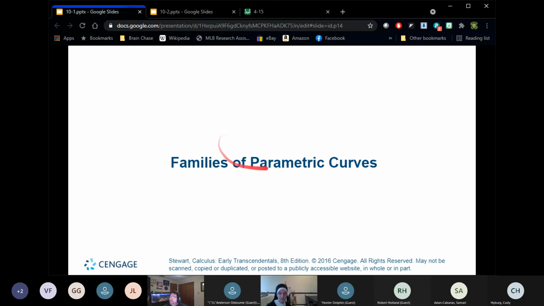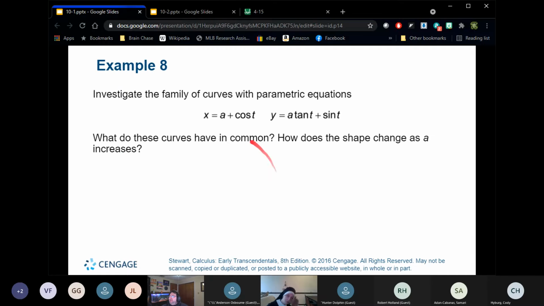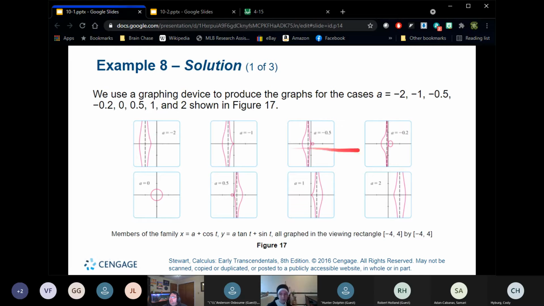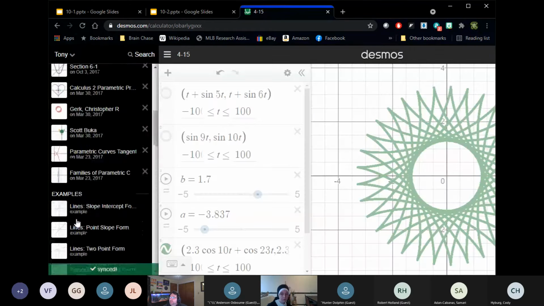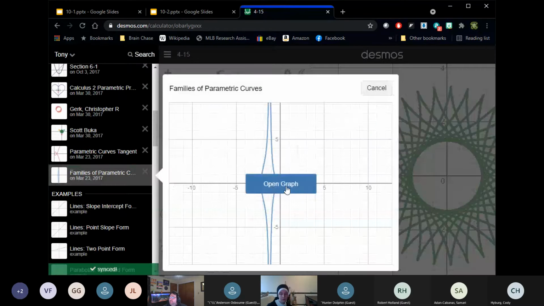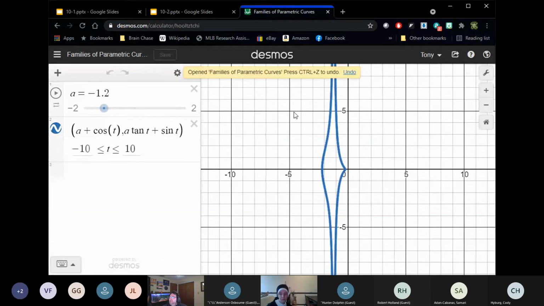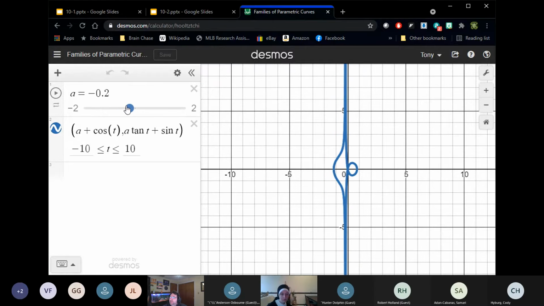All right. We kind of already looked at the families of them. This is where we actually have those values that change. So as the A changes, the graph's going to actually change. We kind of looked at that with the sliders and whatnot. Actually, I have one of those done, so I can show you the specific one. So this is the family of parametric curves. The curve stays the same, but as the A changes, you can start to see the graph change.